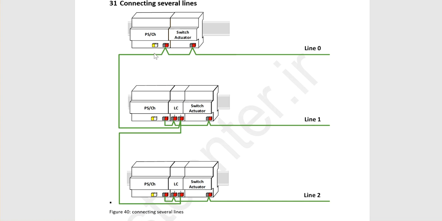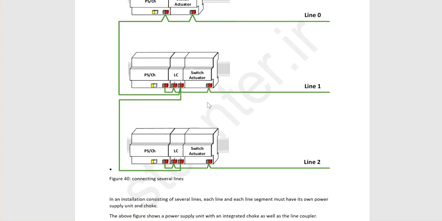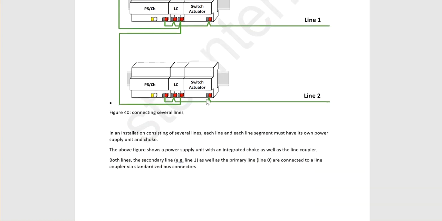Then you should connect this line 0 to the primary line of the line coupler of each line. The first number 1 is in this line coupler, and the secondary, number 2, of the line coupler is connected to each line, line 1 or line 2 until line 15. And of course in each line you can have the other KNX devices.